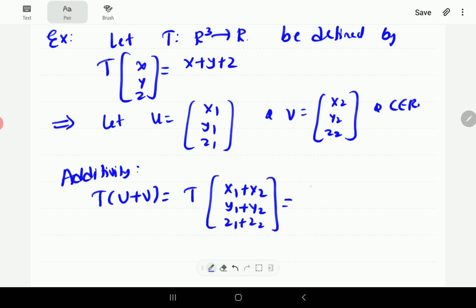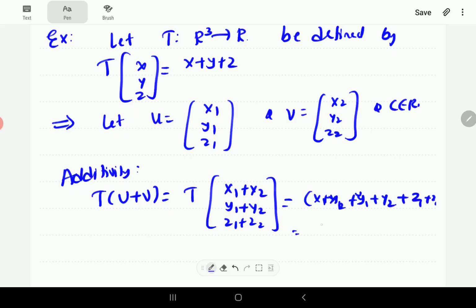As per the definition, it is x plus y plus z, so this is (x1 plus x2) plus (y1 plus y2) plus (z1 plus z2).